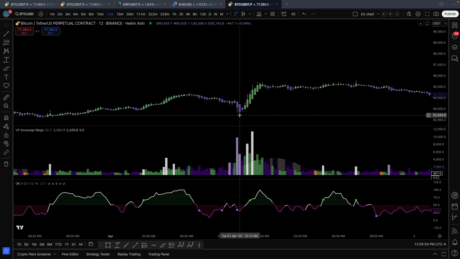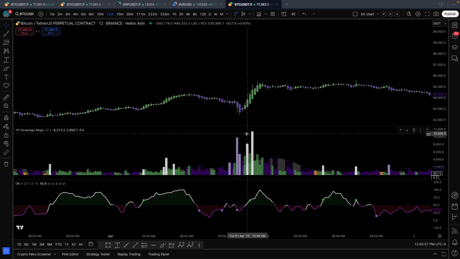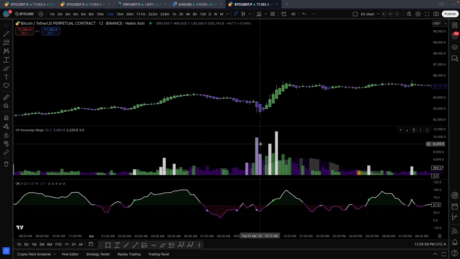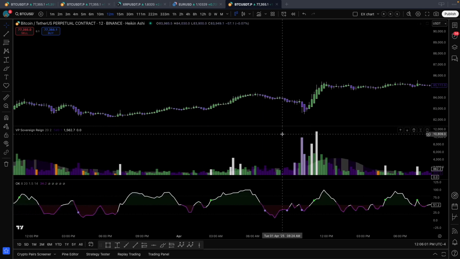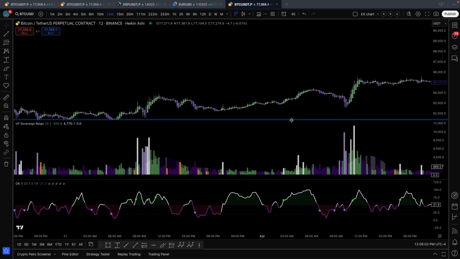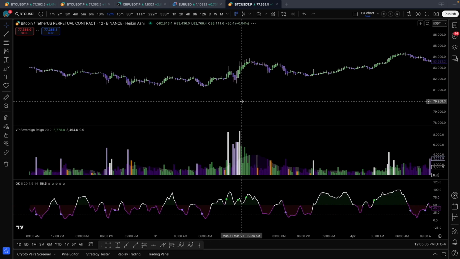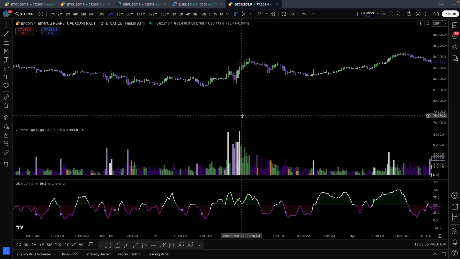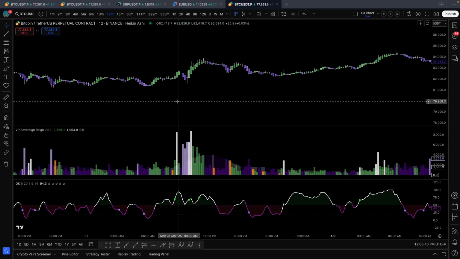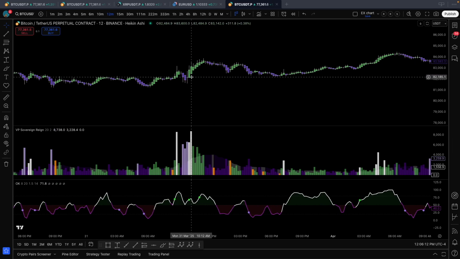It's divergence on the volume. Yeah, I would have got long right here. So you can basically see when you get these spikes, the trend is changing.